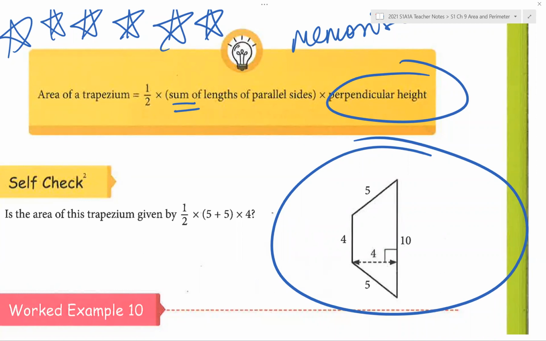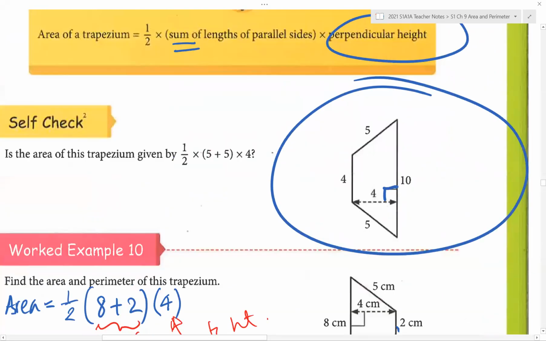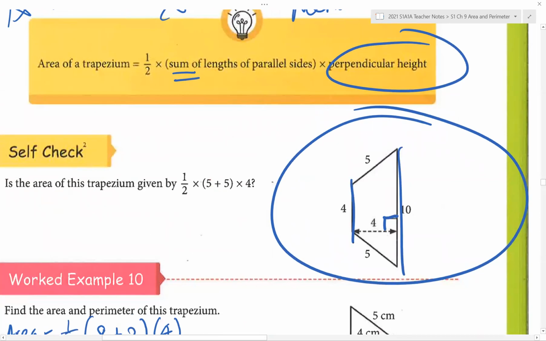The perpendicular height will have this symbol. Can you see the 90-degree symbol? That indicates perpendicular. Perpendicular to what? Perpendicular to the parallel sides. These are the parallel sides. And that height over there is perpendicular to it.